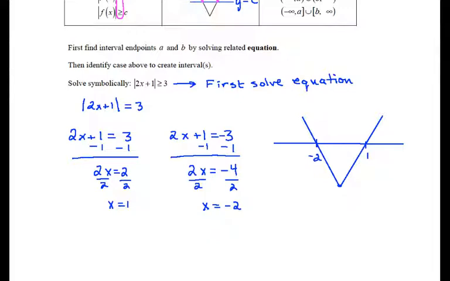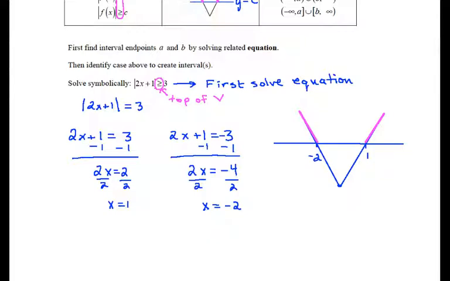Would it be the top of the v or the bottom of the v? Well, the greater than indicates that what I really want is the top of the v, because it's the part that is above the line. Anytime I have the top of the v, I'm going to end up with two disjoint intervals. That's just what the top of a v looks like.